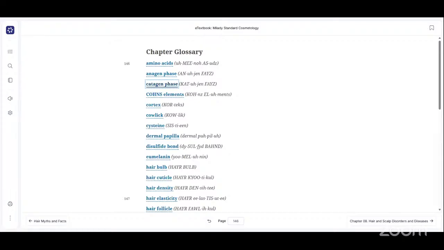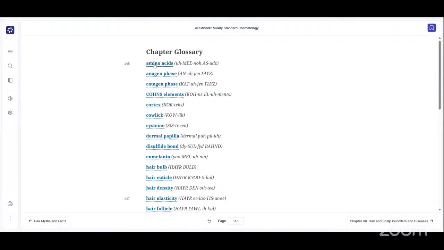I'm going to click on a word, and I want you to use your chat box. No matter what word I click, when you see it, what comes to mind? What is the one thing that you remember from these terms?